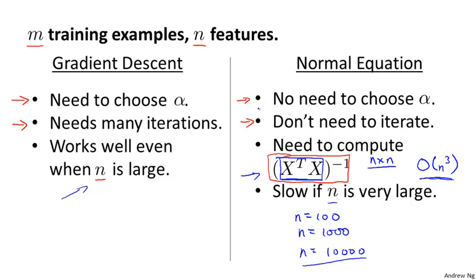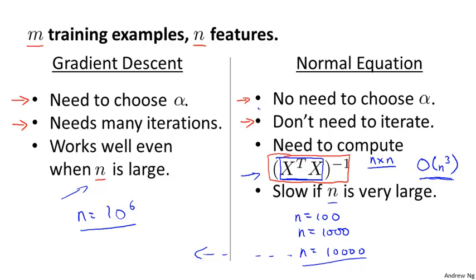Inverting a 10,000 by 10,000 matrix starts to get kind of slow, and I might then start to lean in the direction of gradient descent, but maybe not quite. With n equal to 10,000, you can sort of invert a 10,000 by 10,000 matrix. But if it gets much bigger than that, then I would probably use gradient descent. So if n equals 10 to the 6, if you have a million features, then inverting a million by million matrix is going to be very expensive, and I would definitely favor gradient descent if you have that many features.